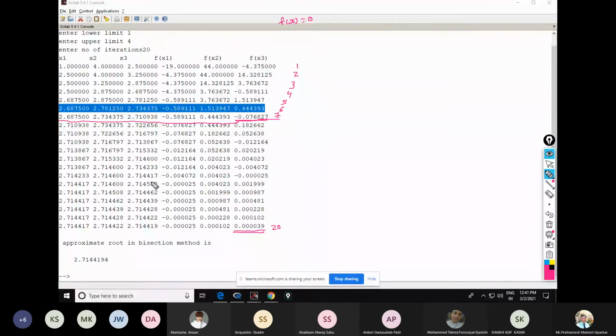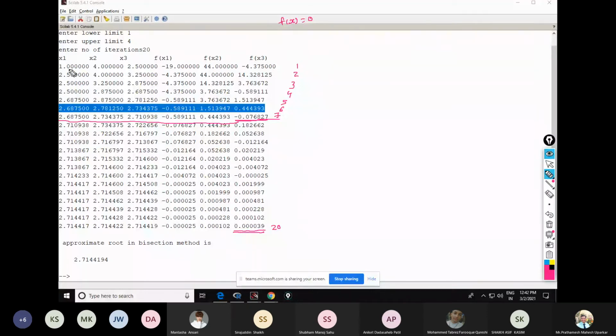Okay, see here. You can see the values are getting closer to each other. Between 1 and 4 the gap is 3, then 1.5, then it becomes 0.75, and it becomes closer: 2.5 and 2.875, 2.687, 2.875, 2.76875 and 2.78125.